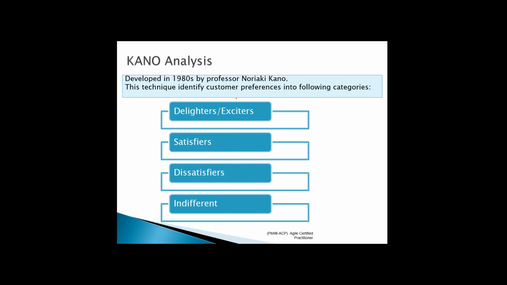Delight us or excite us. It is going to deliver unexpected, novel, new benefits, which are very high in value to the end users. Those are your exciters. Some new feature which is going to extremely delight your customers or end users. Satisfiers: the more the better.